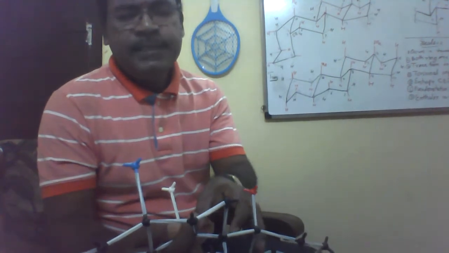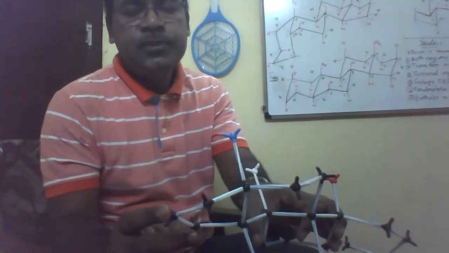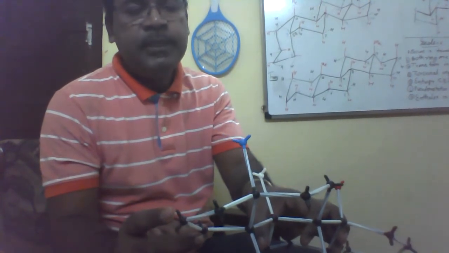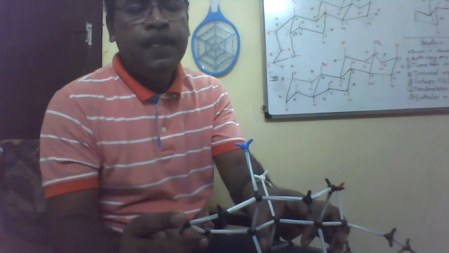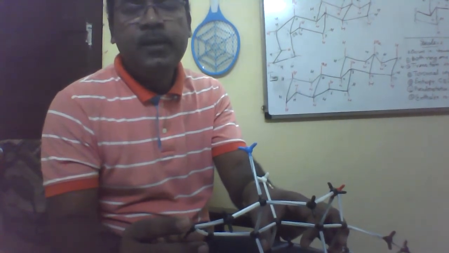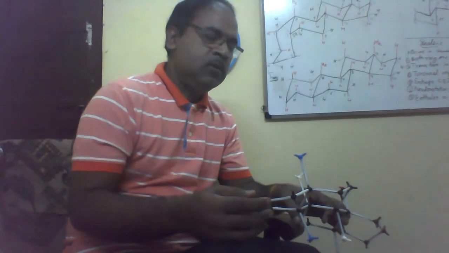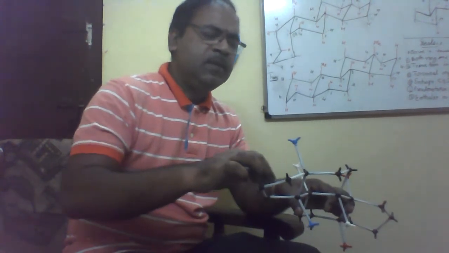Now, what are the different conformations of cyclopentane? Cyclopentane shows three types of conformation. In the three types of conformation, what is the idea? Two are envelope forms, while one is a half chair form. So what do two envelope forms mean? Here, how many carbon atoms are present?